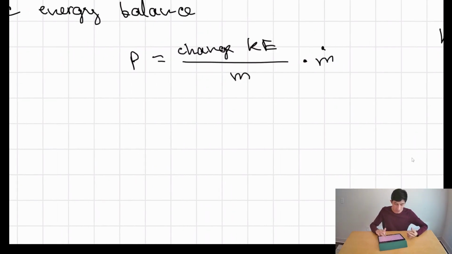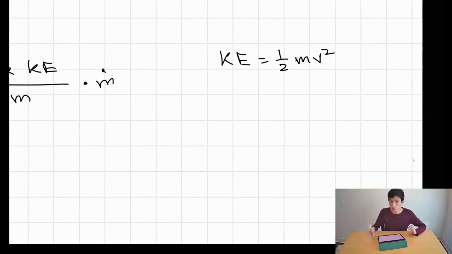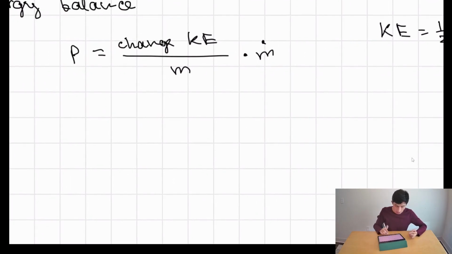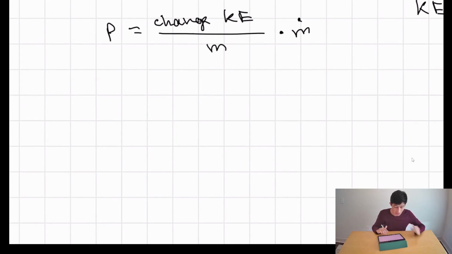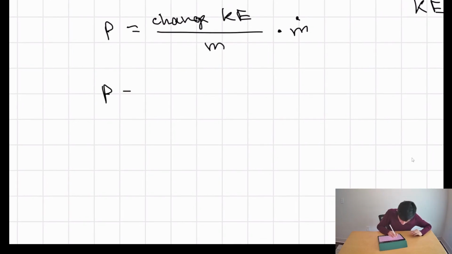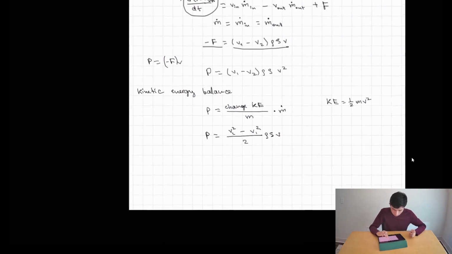So the change in kinetic energy is going to be 1/2 m (v2 squared minus v1 squared), and we're going to have m in numerator and m in denominator, so it's going to be cancelled. So the power equation after we substitute the kinetic energy equation is (v2 squared minus v1 squared) over 2. The masses are going to get cancelled. So the mass flow rate is density times S times velocity, right?